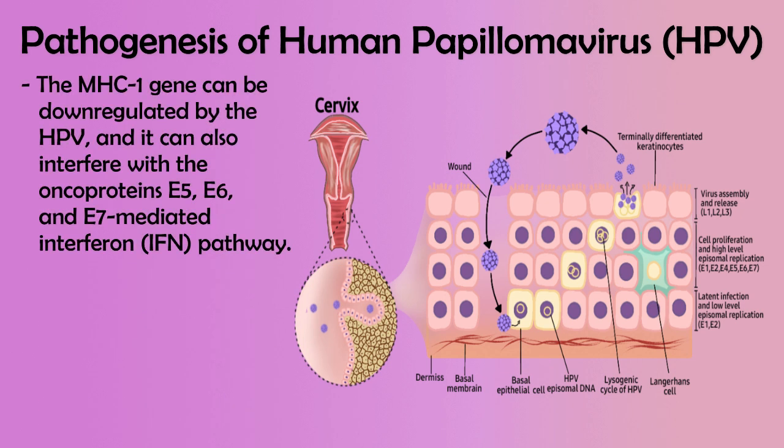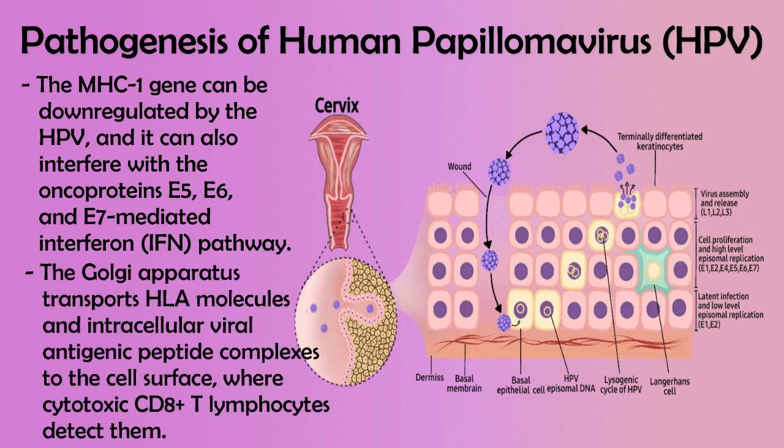The MHC1 gene can be downregulated by HPV, and the oncoproteins E5, E6, and E7 can also interfere with the interferon-mediated pathway. The Golgi apparatus transports HLA molecules and intracellular viral antigenic peptide complexes to the cell surface, where cytotoxic CD8 plus T lymphocytes detect them.